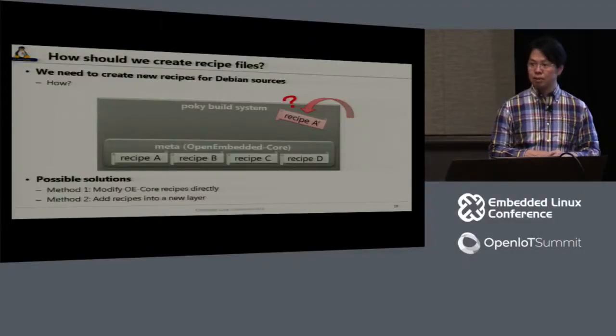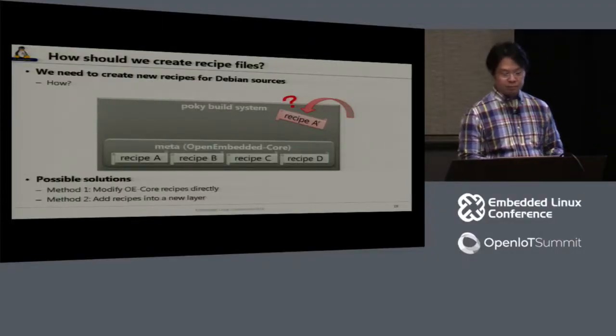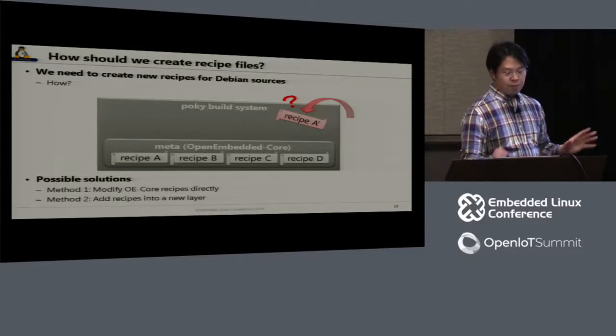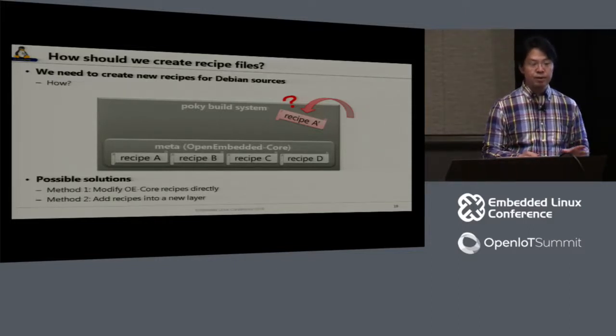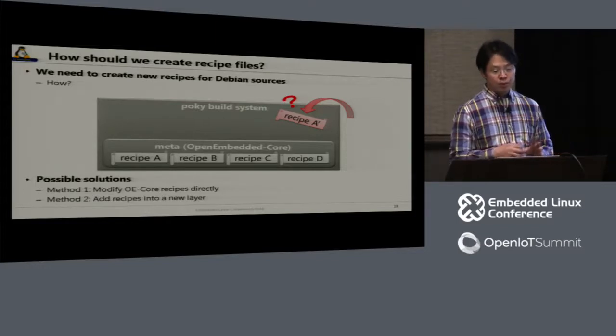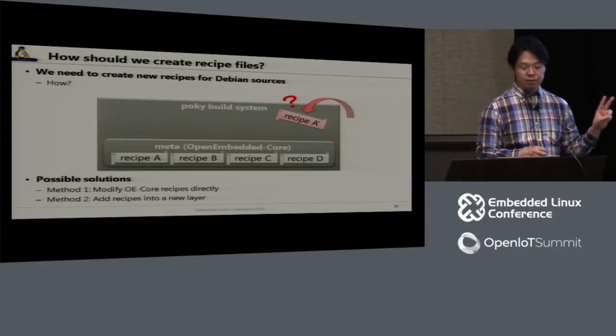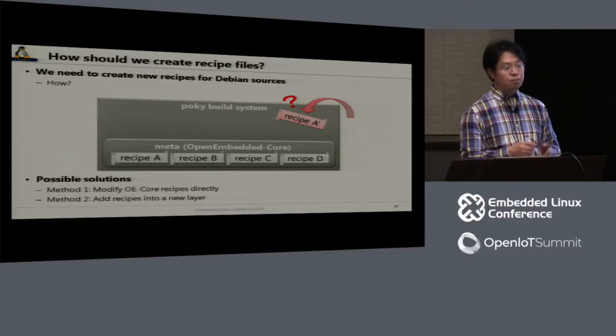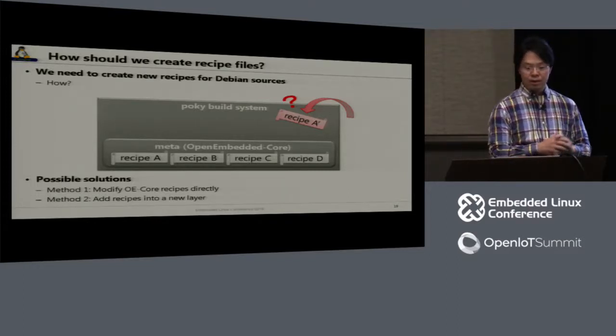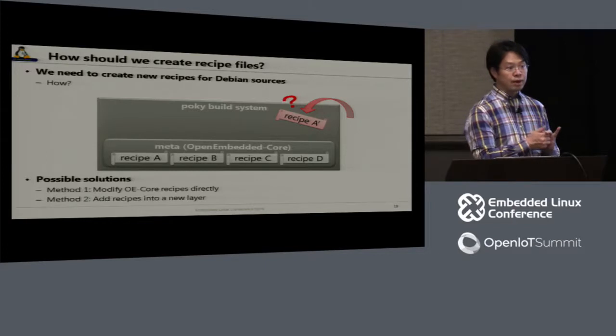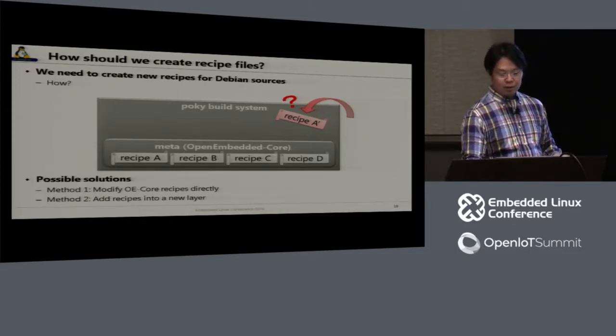The following slide describes how we decided to create the recipes in the Poky environment. When we created recipes using Poky itself, there were two solutions. The first one is to just modify OpenEmbedded-Core, and the other is to add recipes into a new layer. The first solution is quite a bad solution.